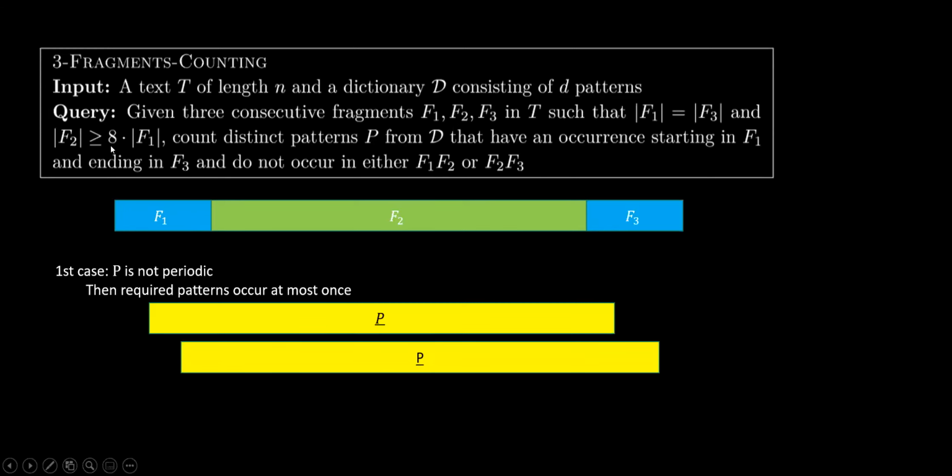So note that here we have F1 smaller than 1/8 of F2. So if there is some occurrence that starts in F1 and ends in F3, then it will be long enough to have a large overlap in the middle. So then we know that P occurs at most once in this case.